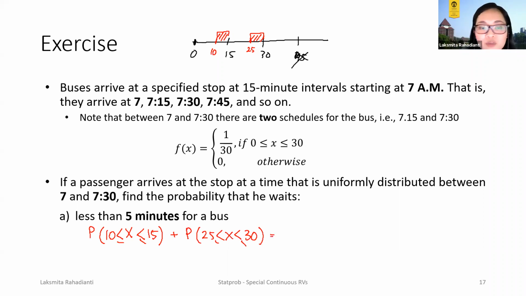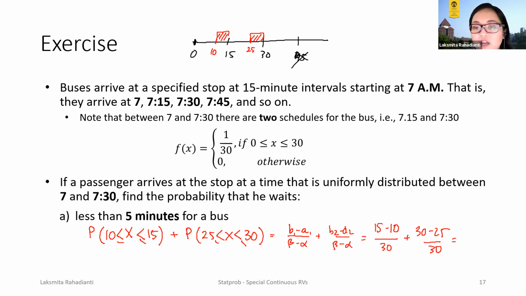So in other words, we can now compute the first one, which is beta minus alpha, B minus A. So I could write it like that, plus beta 2 minus alpha 2. In other words, 15 minus 10 over 30 plus 30 minus 25 over 30. And here we get 10 over 30 or 1/3.